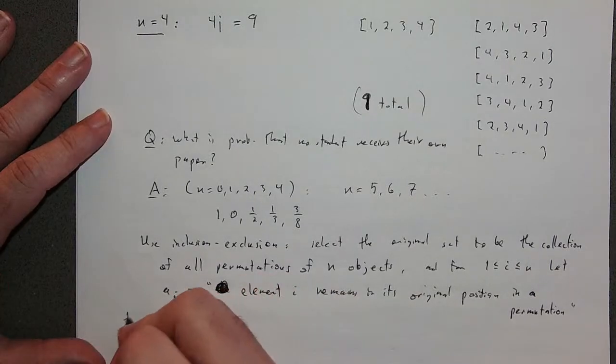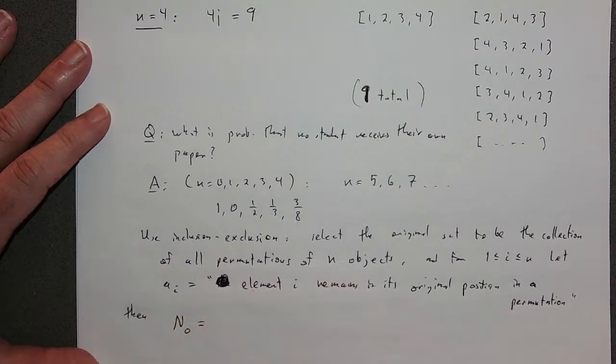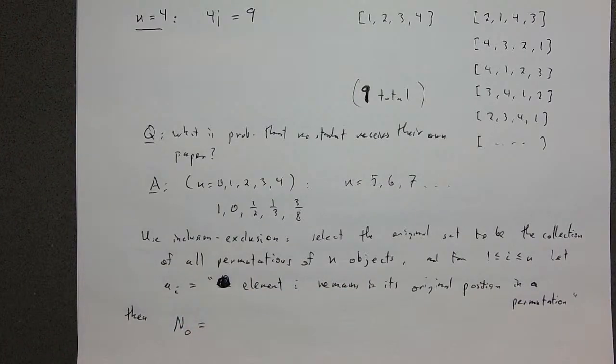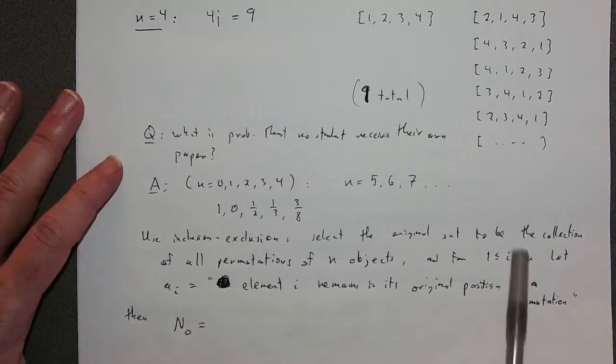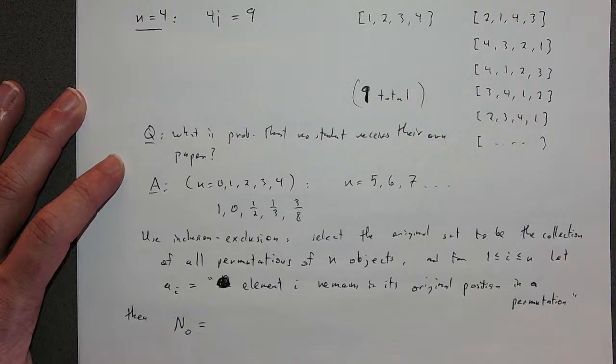Then this n naught, which is the number of objects satisfying none of these properties, is the number of permutations that contain no element that remains in its original position, i.e. this is just all the derangements.